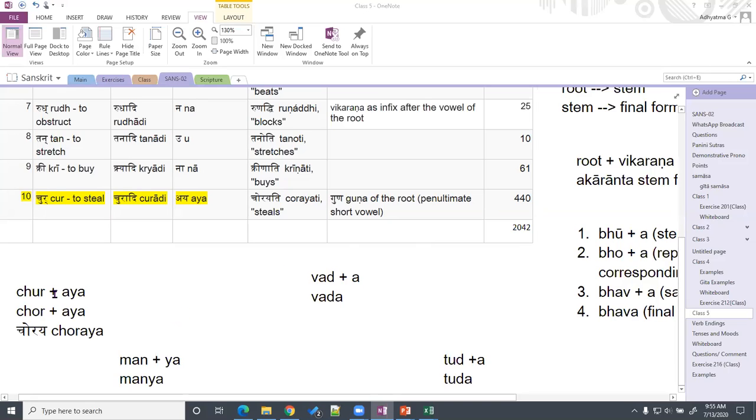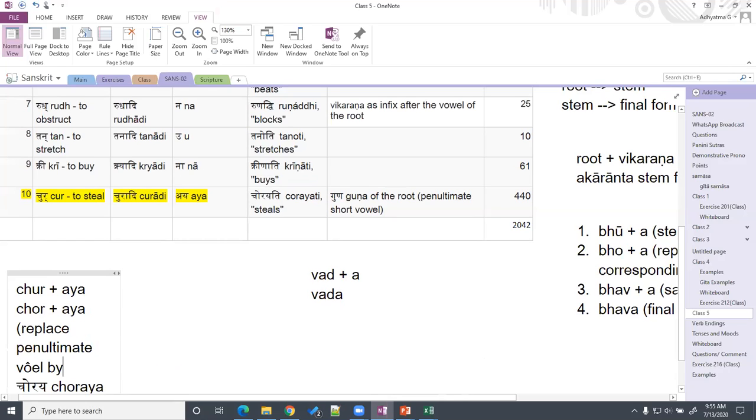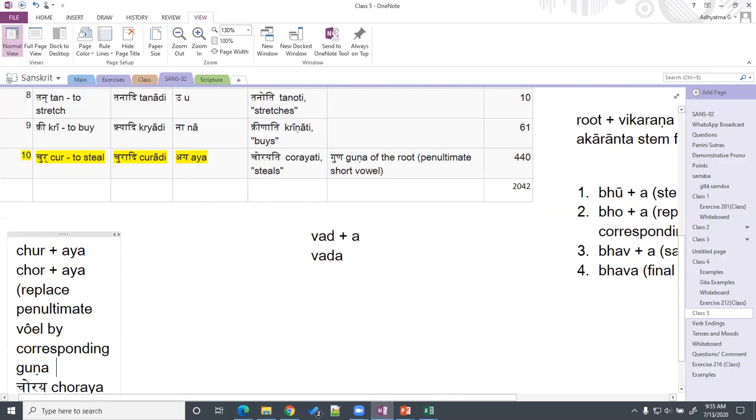So class 10 in the steps. Again, here is the same thing. You basically have only this step as the main step here. So guna replace penultimate vowel by corresponding guna letter.